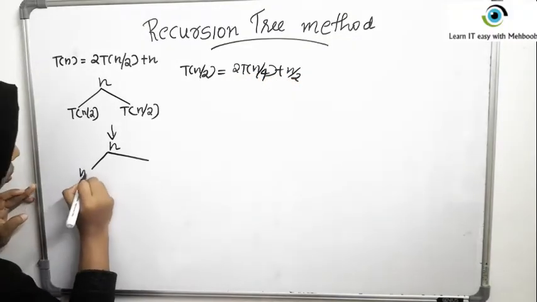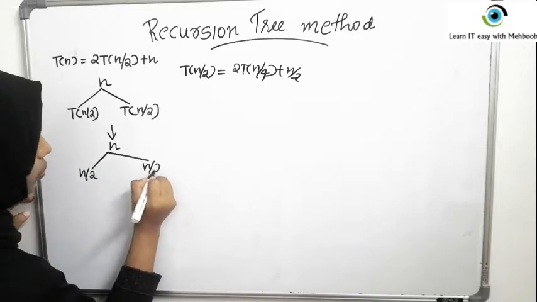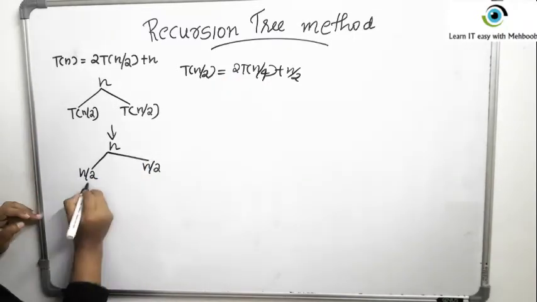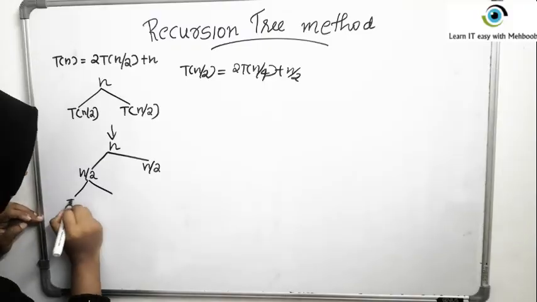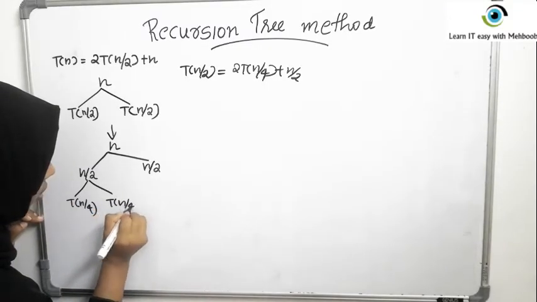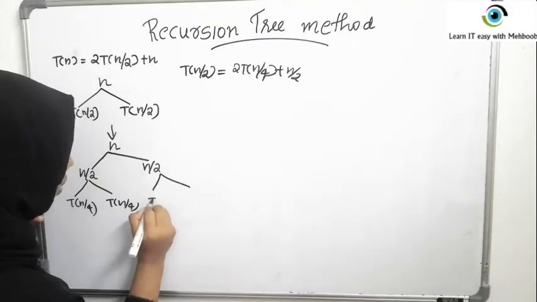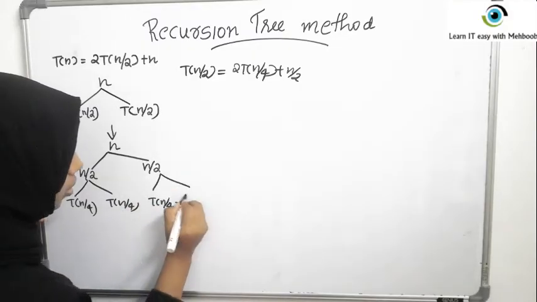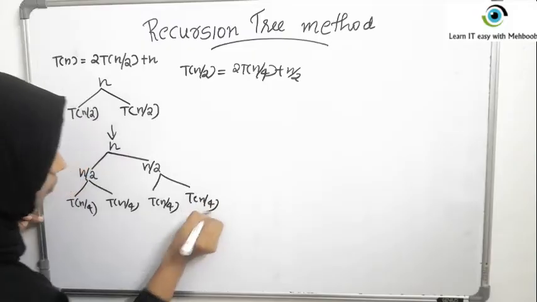So n by 2, and the sub-problem division is t of n by 4, t of n by 4 here, t of n by 4 here.